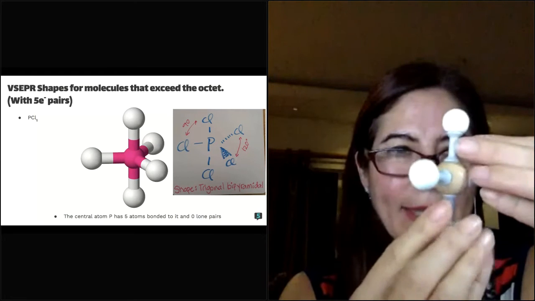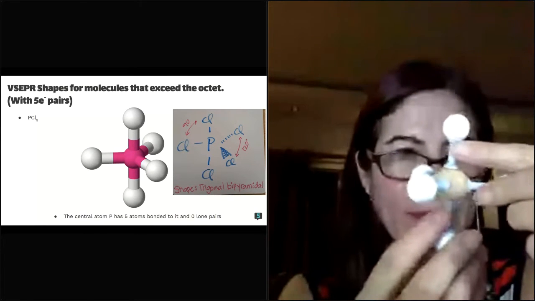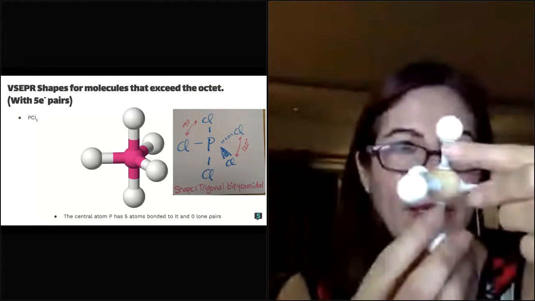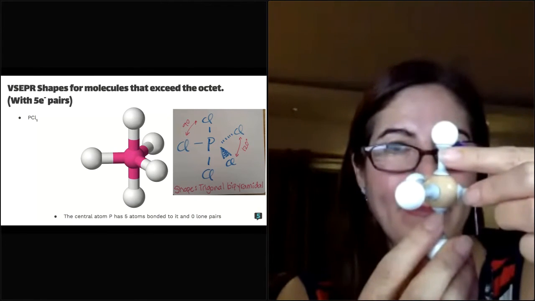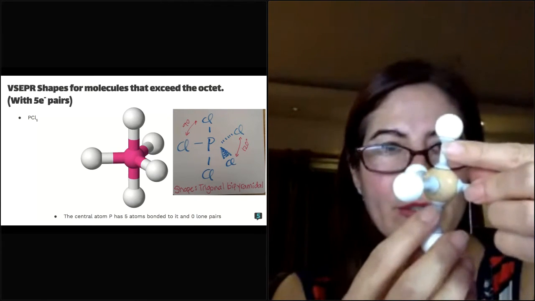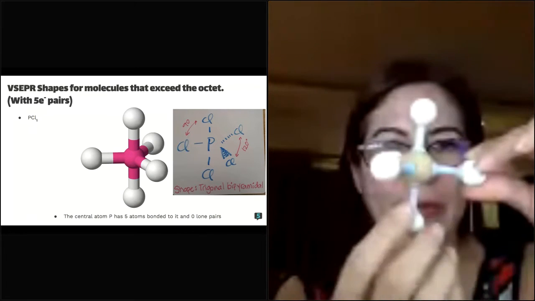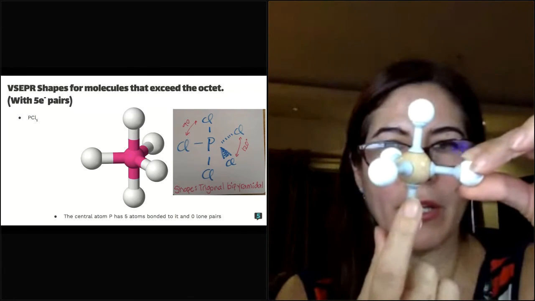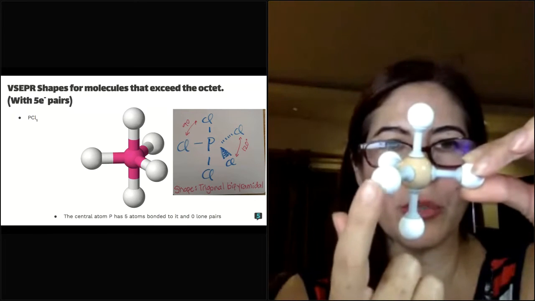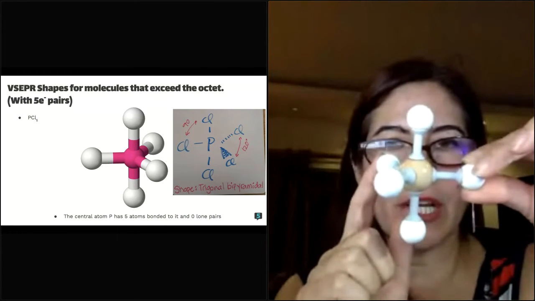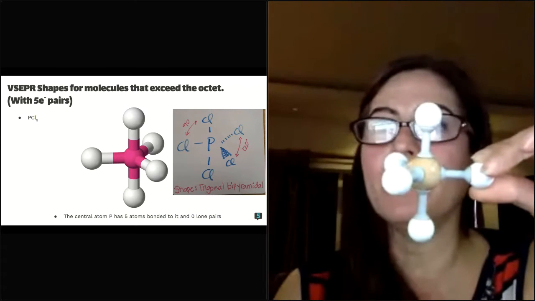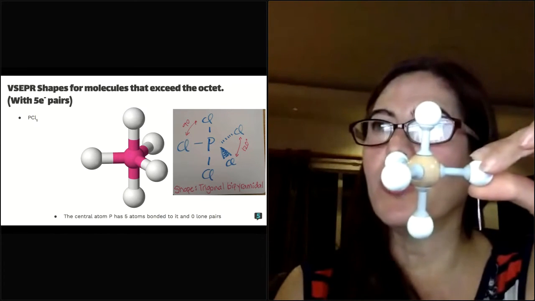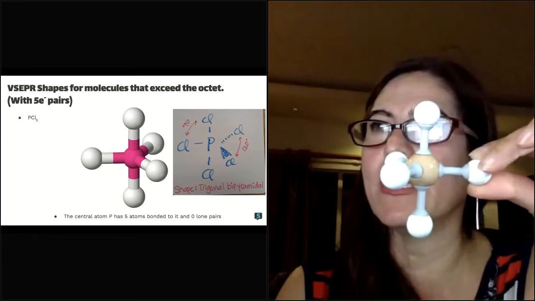It makes sense that these three lines are on the same axis, on the same plane as the paper. So the shape will have these three lines with regular lines. This is your wedge. This is your dotted line. So 3D, 2D. 3D, 2D. Does it make sense?